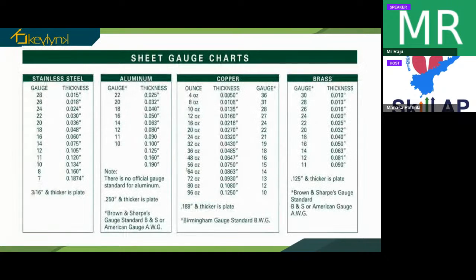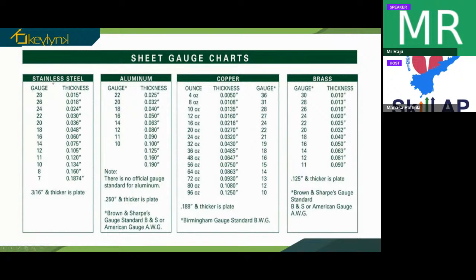And this is the gauge chart. For sheet metal, we measure the thickness in terms of gauges. For stainless steel, the gauge is inversely proportional to the thickness. So if the gauge number increases, the thickness of the sheet metal decreases.